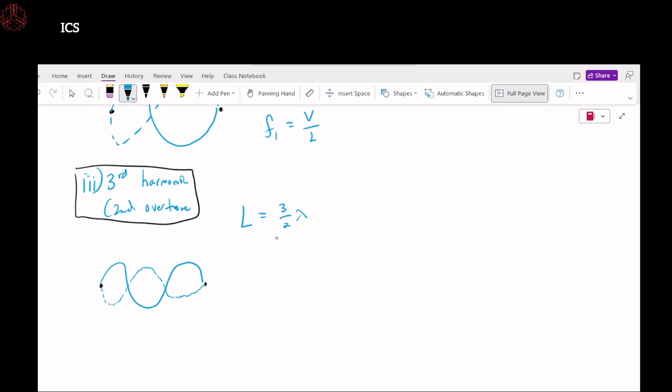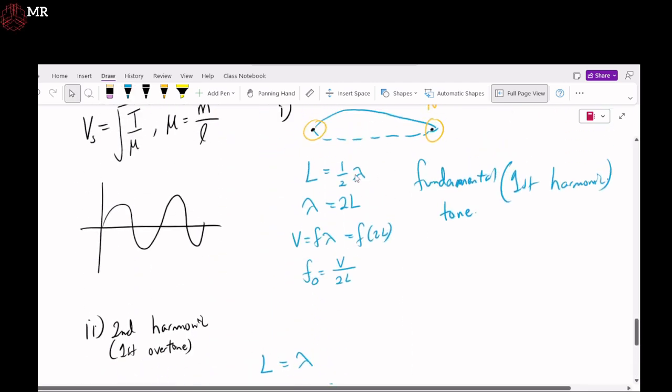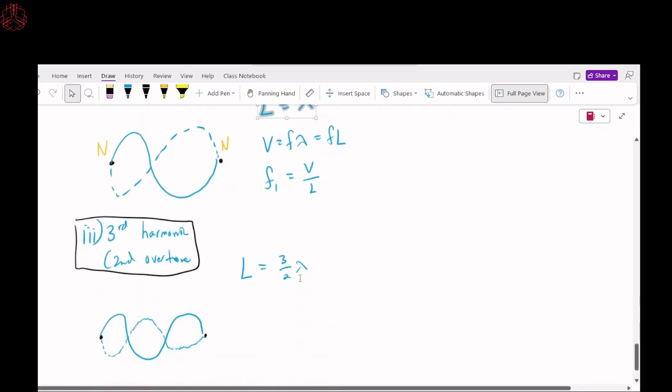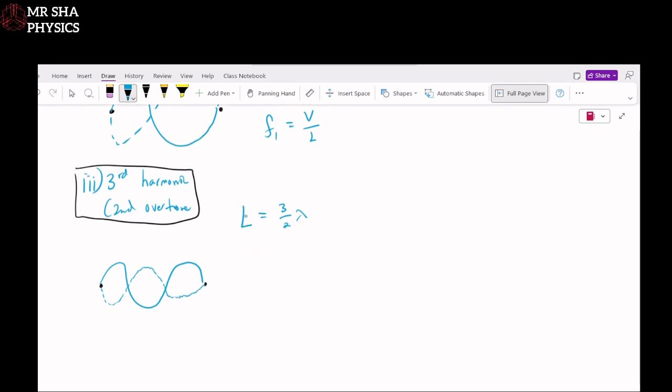So I have half a lambda, 1 lambda, and 1.5 lambda. Again, I can do the same procedure as before. v equals f lambda. Here I have f times 2/3 L, which means my frequency is going to be equal to 3/2 v/L.